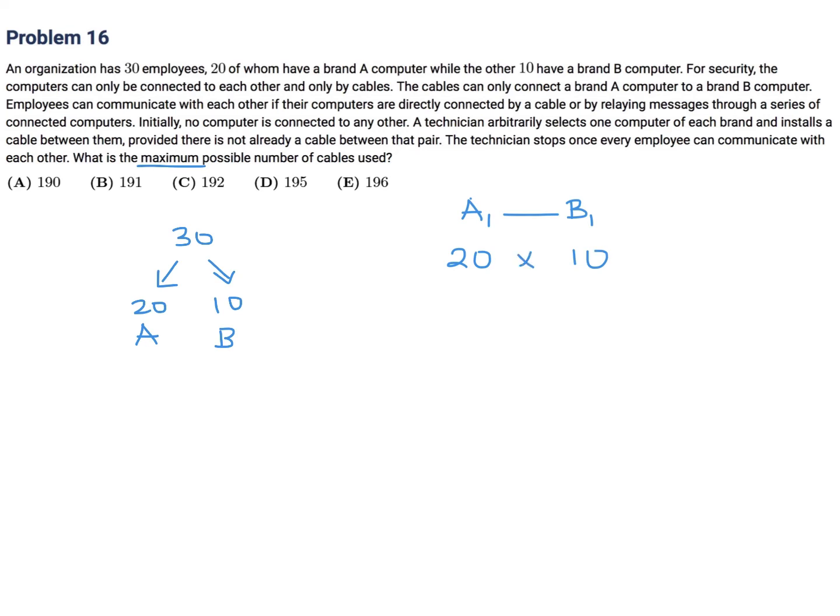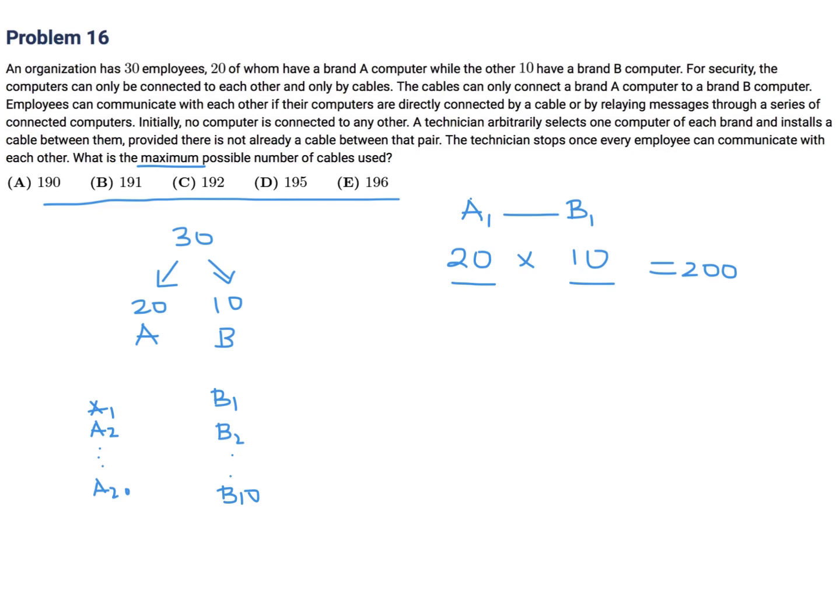We have A1, A2, all the way to A20, and B1, B2, all the way to B10. So the maximum in terms of number of choices would be 20 times 10, which is 200. But unfortunately, 200 is not one of the answer choices.